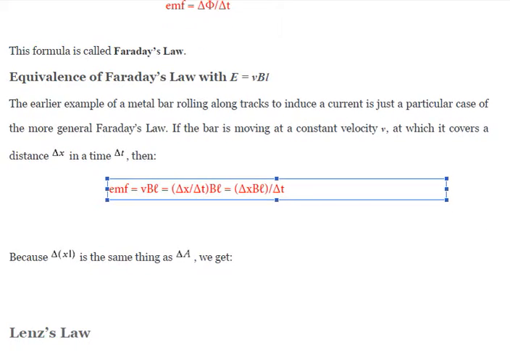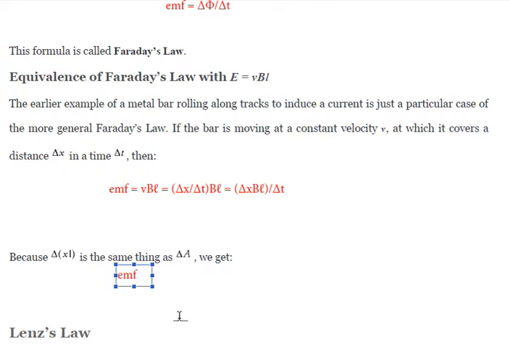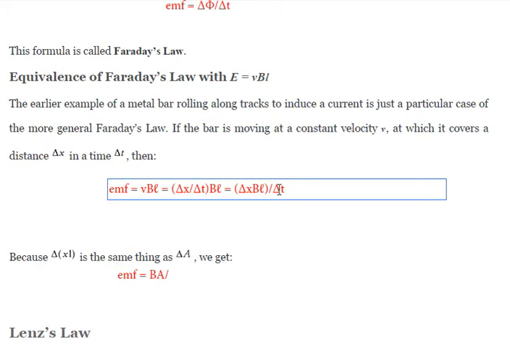Alright, so we scroll down a little bit here. We can see in the numerator we have delta x times L, or delta xL. That's the same thing as an area. If you multiply one distance by another distance, you get kind of the square, so it's an area. So if we make that substitution, then we'll see that EMF is equal to, replacing delta xL with A, B times A divided by delta t.